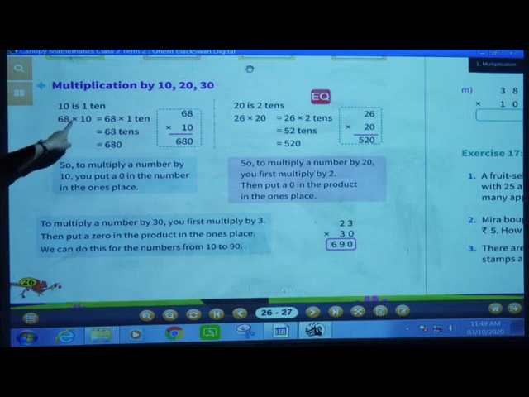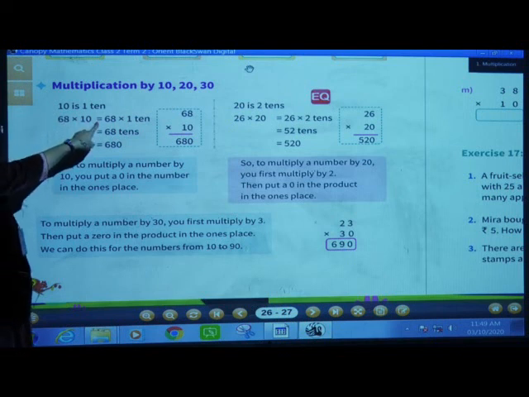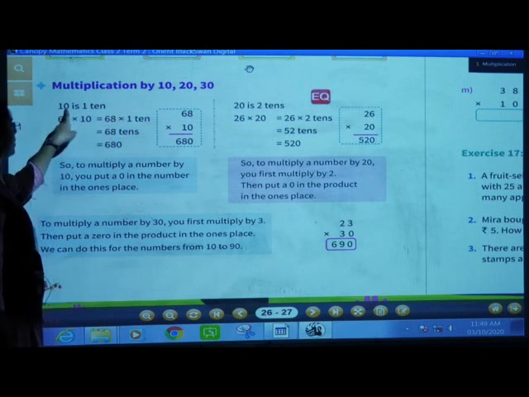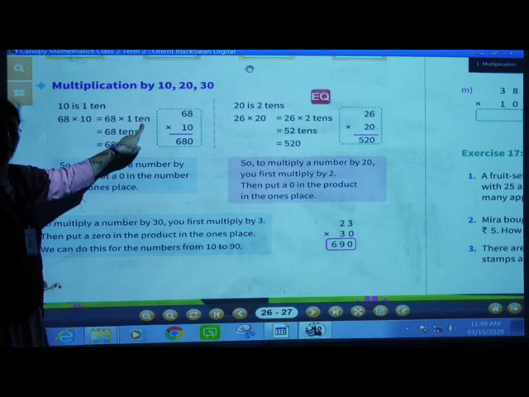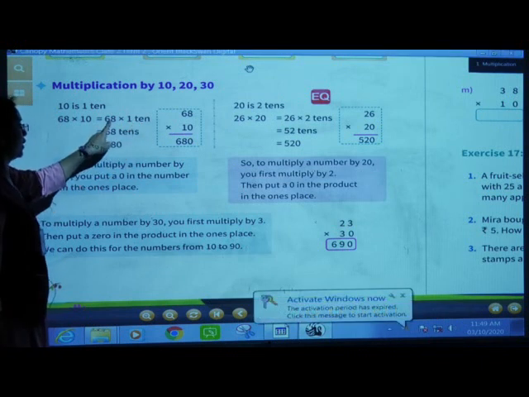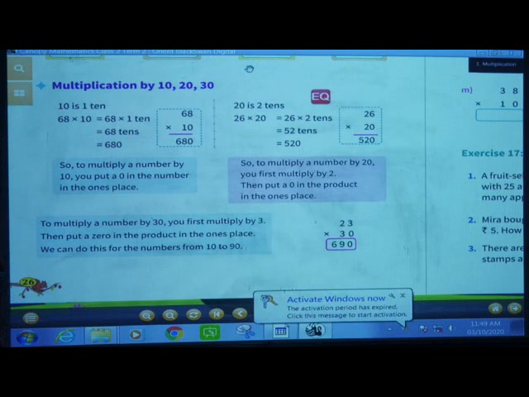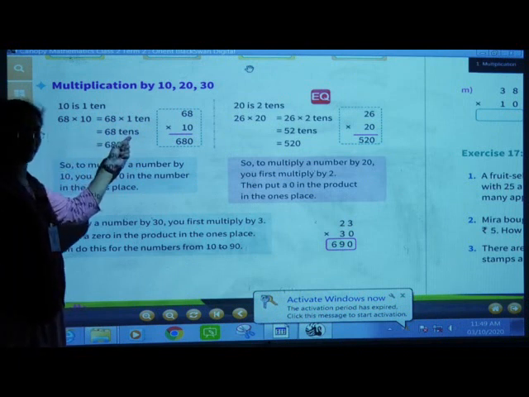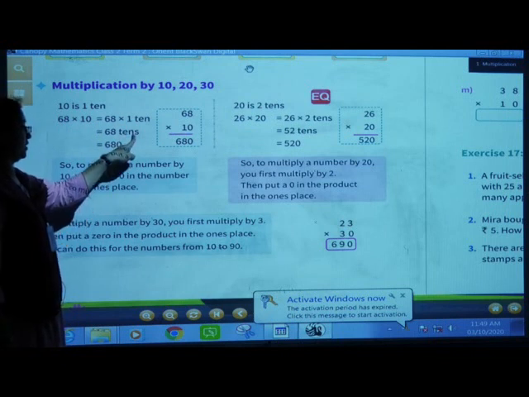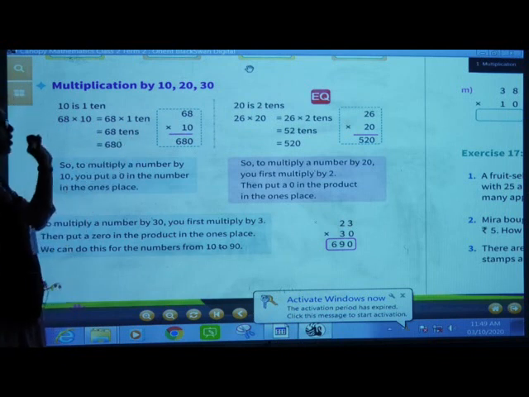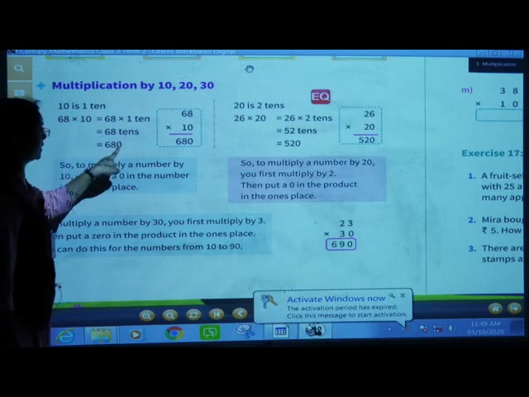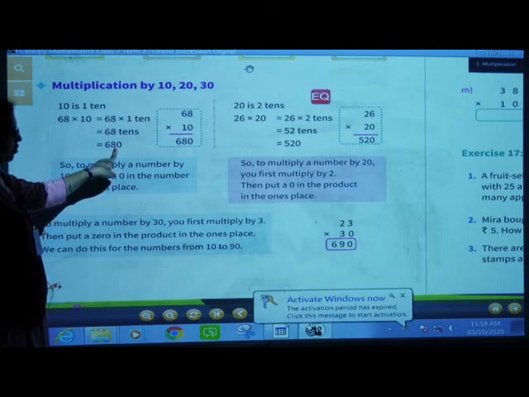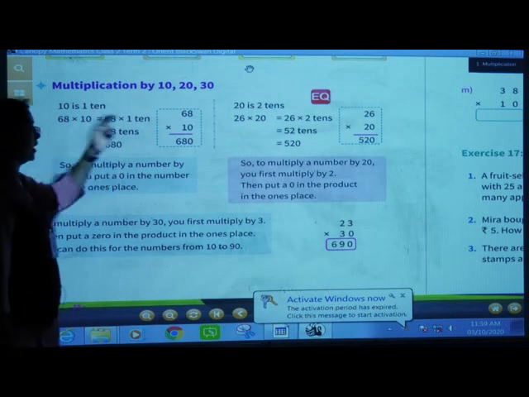What is the answer? 68 into 10 means 68 into 1 ten, that is 68 tens. And tens means we have to put a 0, which is equal to 680. Okay? See here, the explanation is here.